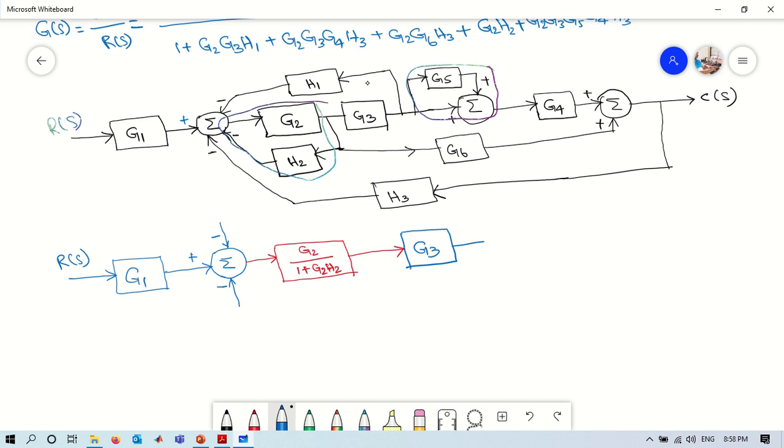G3. Then I have here the parallel combination of this.